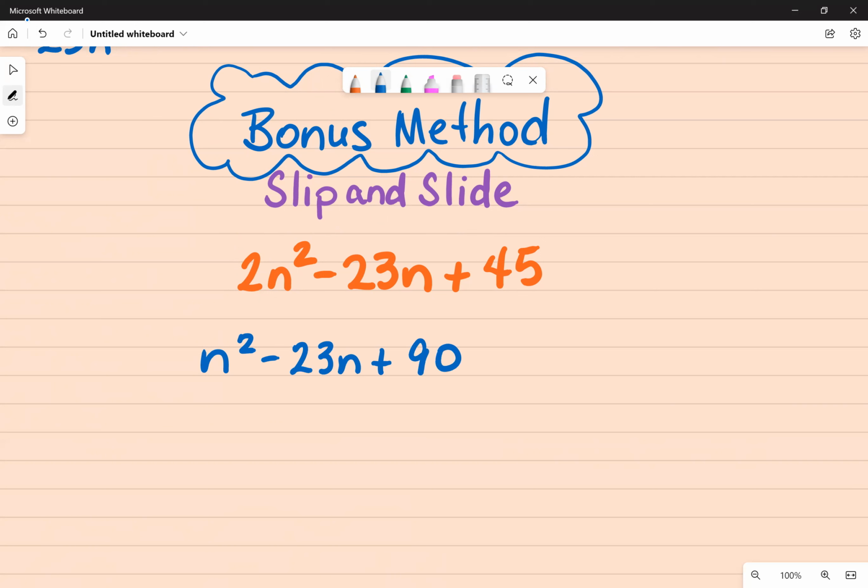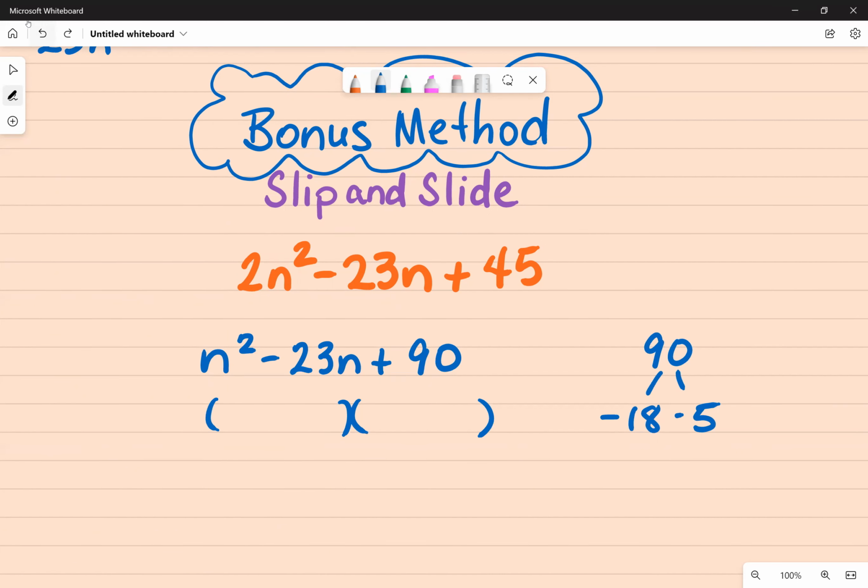So then you're going to factor it the way that you would normally factor it. And we already know that a times c is going to be 90, and over to the side we had negative 18 and negative 5. So those are the two numbers that are going to take the place of my second term.